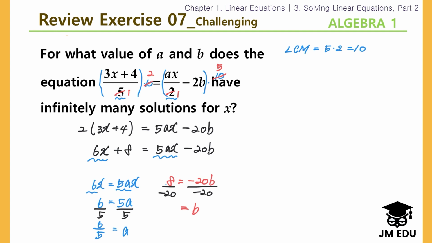Okay, 4 times 2 is 8, 4 times 5 is 20, right? So b must be equal to negative 2 over 5. So this equation has infinitely many solutions for x if a is equal to 6 over 5, b is equal to negative 2 over 5.